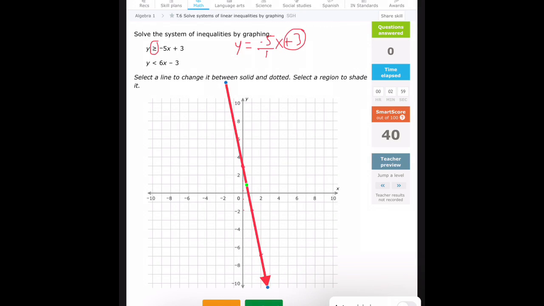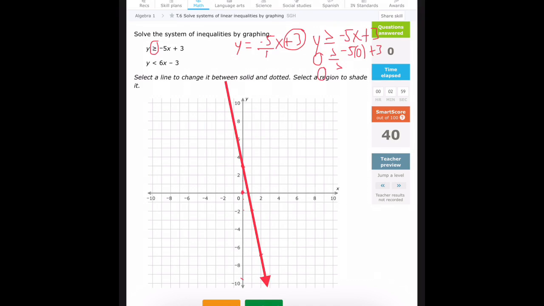So if I go back to my drawing tool here, I'm going to choose the point 0, 0 again, and I want to know, is that point on this graph? So if I have y is greater than or equal to negative 5x plus 3, if I plug in 0 for y, and I'm going to plug in 0 for x as well, I want to know, is this a true statement?